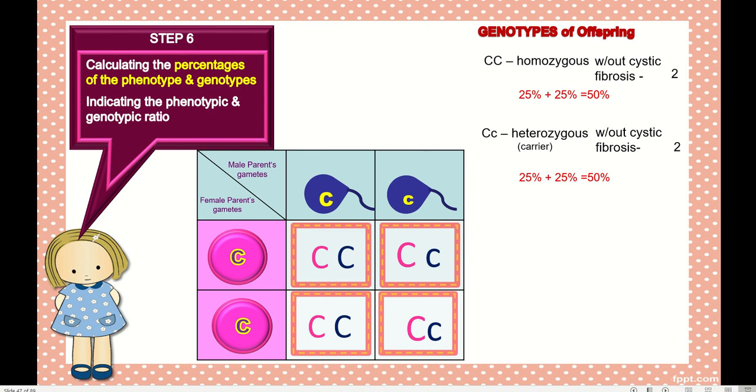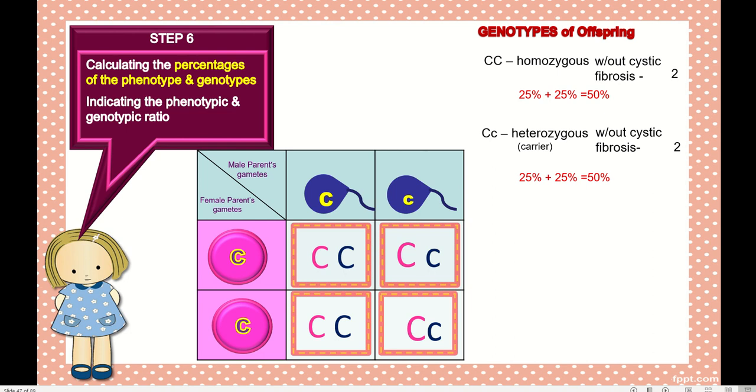Okay. So how do we get the percentage? Remember, percent is 100. So we'll have 100 divided by 1, 2, 3, 4 boxes. So 100 divided by 4 is equal to 25. So each box is 25%. 25 plus 25 plus 25 plus 25 is 100%.